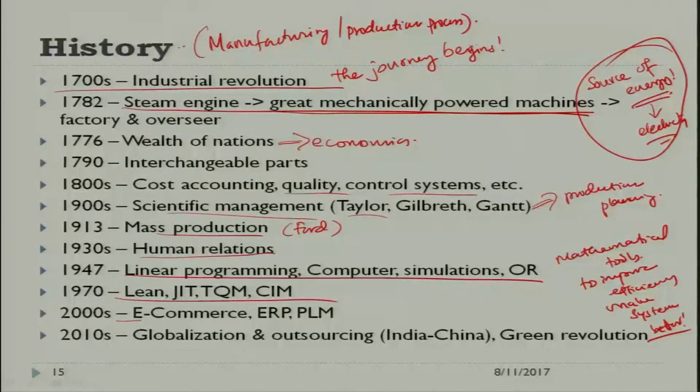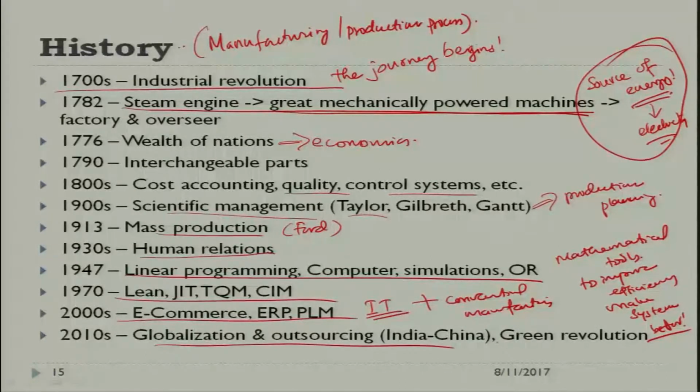In the 2000s came ERP, PLM, and e-commerce, where information technology was merged with conventional manufacturing. Then we talk about globalization, outsourcing, and the green revolution. I am not talking about the green revolution of agriculture or farming; I am talking about making things green, or sustainable manufacturing. That is the main part of what we talk about here.